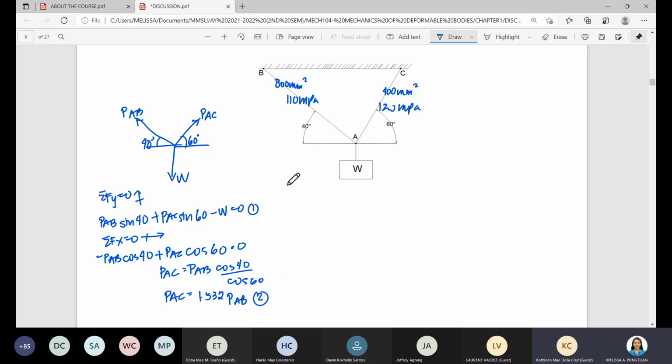So, equating equation 1 and equation 2, meron tayong PAB sine of 40. So, substitute natin si PAC with this value, plus 1.532 PAB sine 60, minus W is equal to 0.